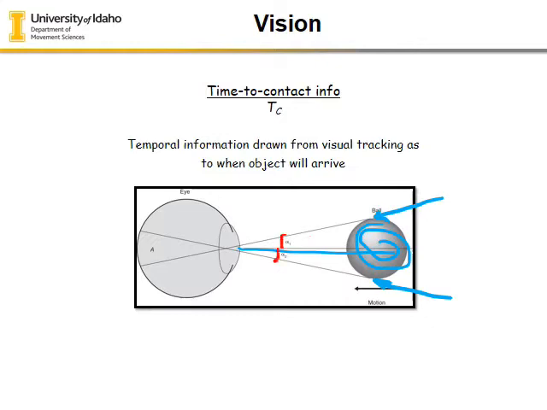The way that we see this ball is that there are light rays that travel from the top of the ball and light rays that travel from the bottom of the ball. Then we look at the center of the eye going directly towards the center of the ball, and there are two alphas, which are angles, alpha 1 and alpha 2. The angle of perception of the top and bottom of the ball tells us a lot.